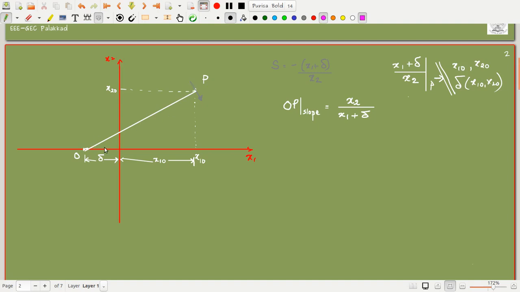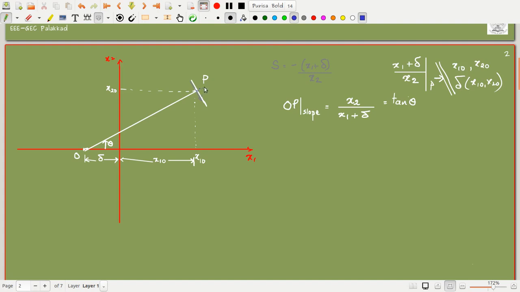This angle is theta, in the positive direction. So this is nothing but tan theta. Now if I mark a perpendicular to this line, I will try to extend this line a little bit.